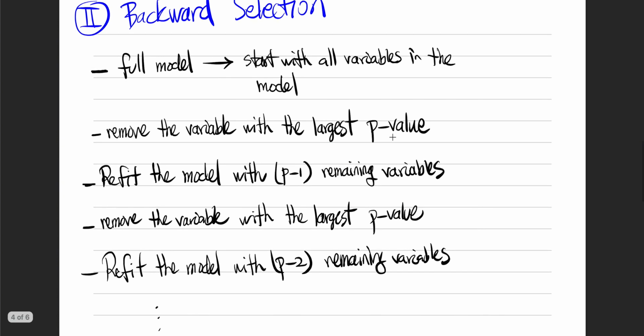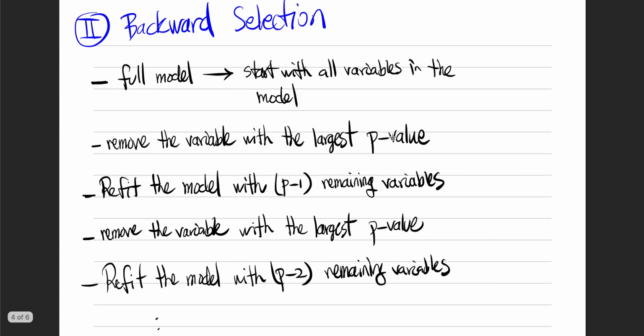Then the backward selection starts with the full model, essentially all the variables in the model. Then it starts removing variables. The way it does it, it just looks at all the variables and removes the variable with the largest p-value, in other words, the statistically least significant one.